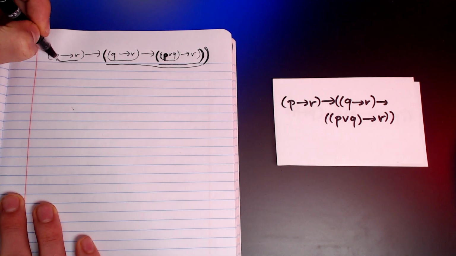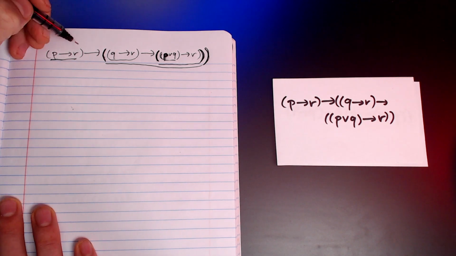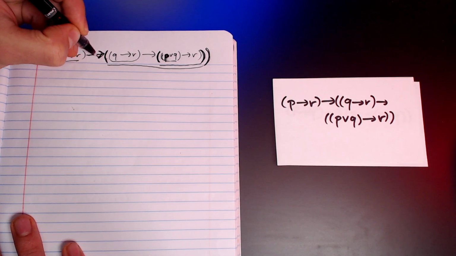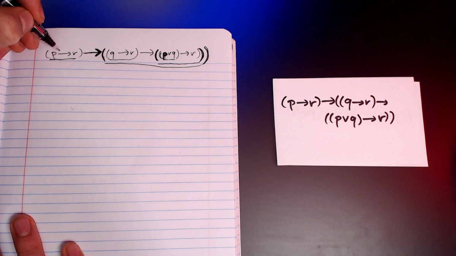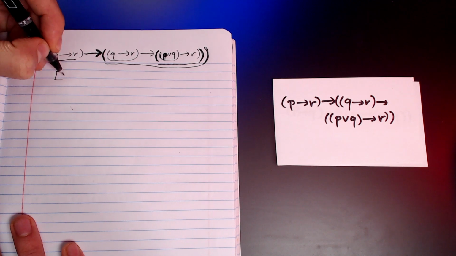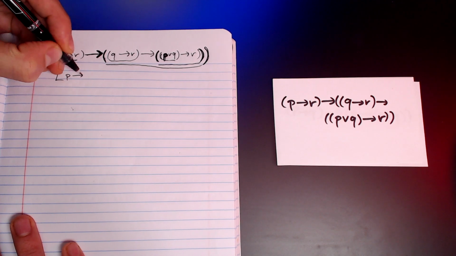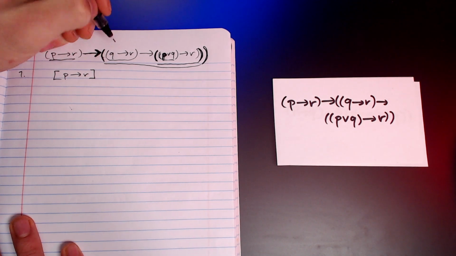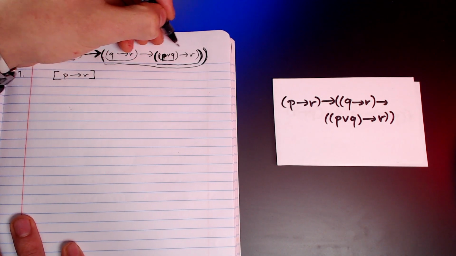Like that. So we can see that the main one we're trying to get is this first conditional. What we're going to assume is this first part, that P implies R, and what we want to get to is this final outer one.